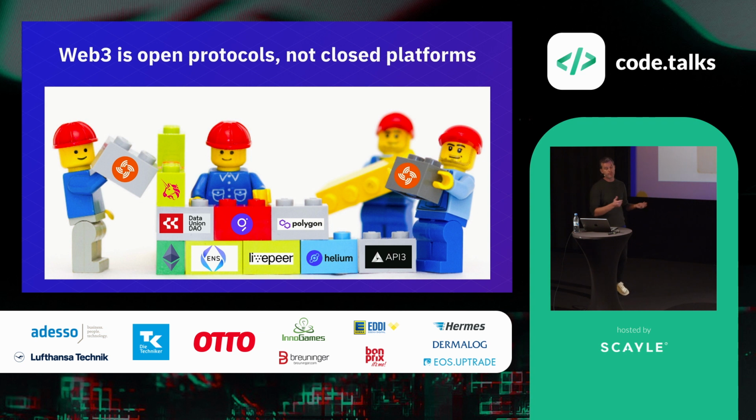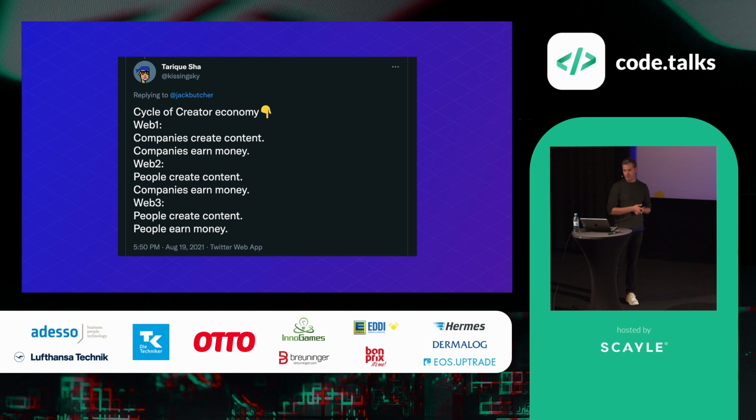And Web3 is about open protocols, and it's not about closed platforms. So we want everybody to have ownership of the infrastructure and of their own data, of course. And that's cliche, but that's what Web3 is all about. And this tweet always gets me.